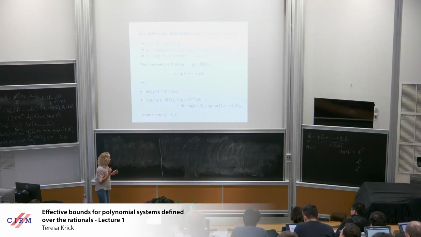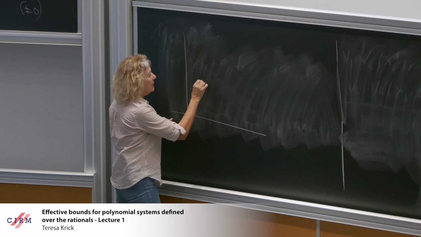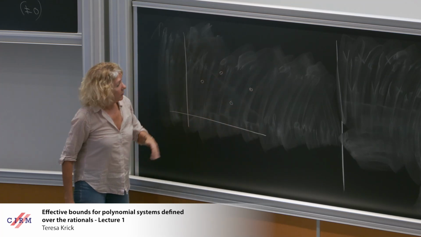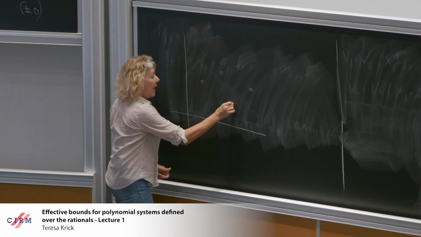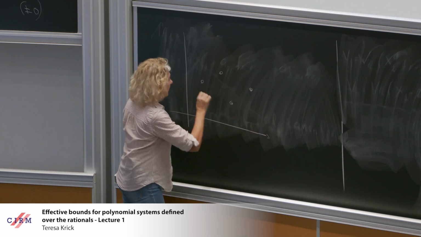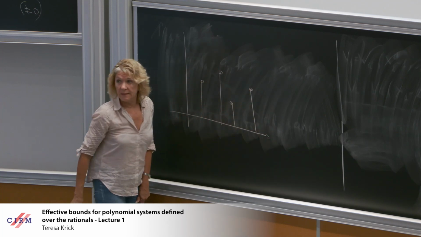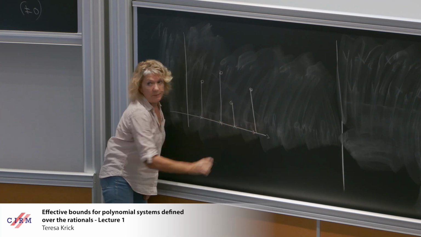So look at this. I'm going to draw a very small situation. Imagine that I have a variety defined by polynomials, and there are these 4 zeros. And I am so lucky that when I project these zeros on the first axis, they all have different images.